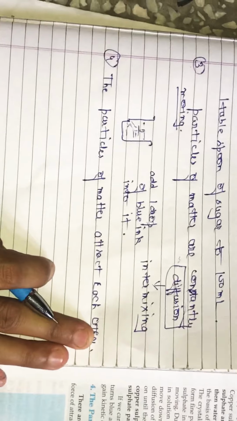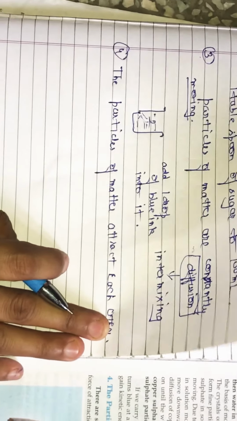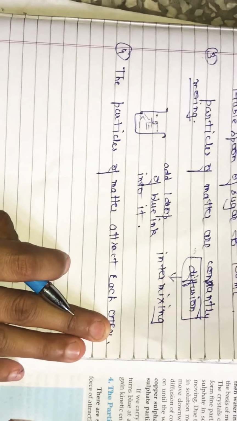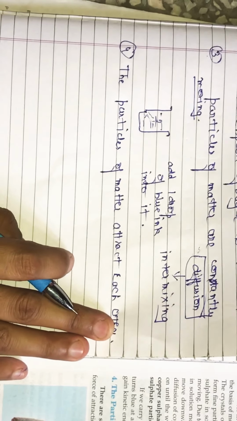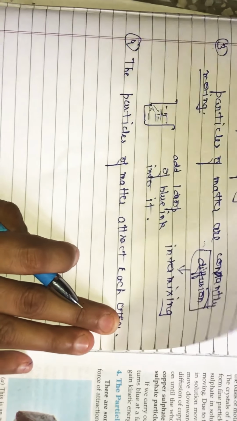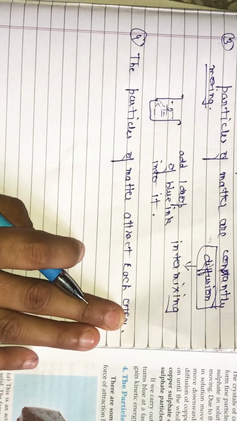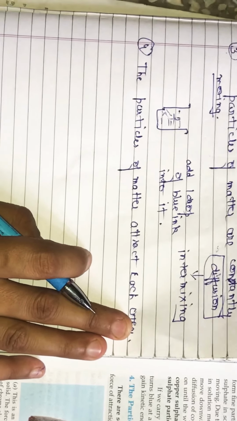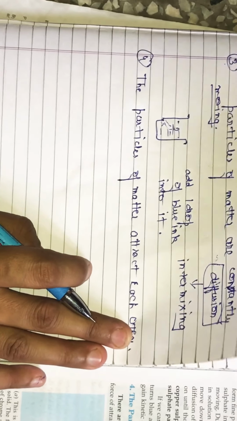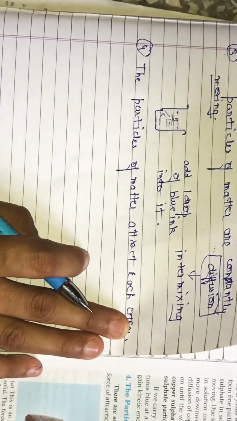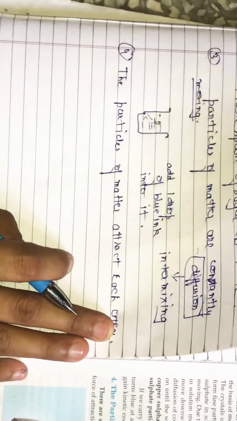It is compressible, but you cannot separate the particles from each other, which means there is a force of attraction between them. Similarly, chalk you can break easily, but you will be able to break it from one end, you will not be able to do it from the other side.